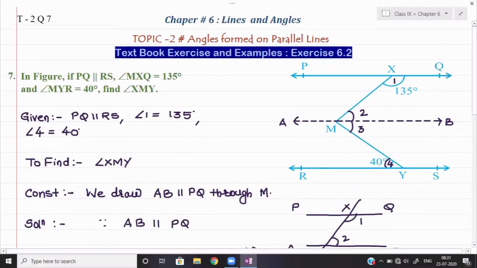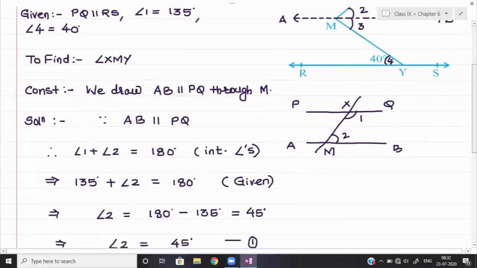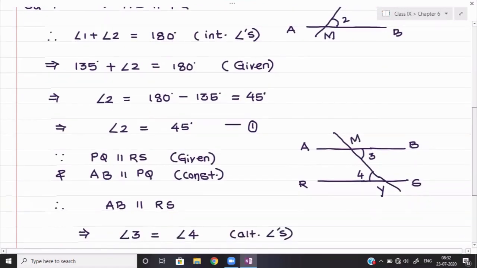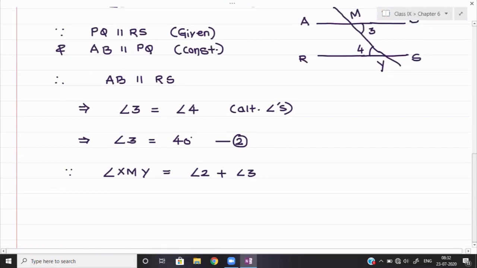Observe, one part is angle number 2 and another part is angle number 3. So both the values we got now, and we can say that angle XMY is equal to angle 2 plus angle 3.